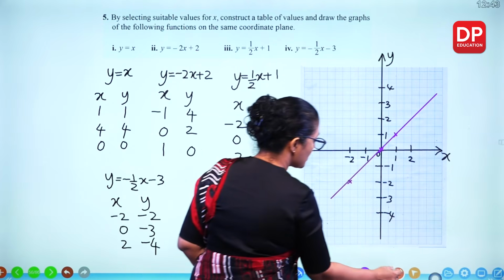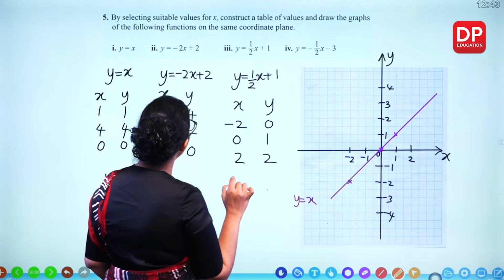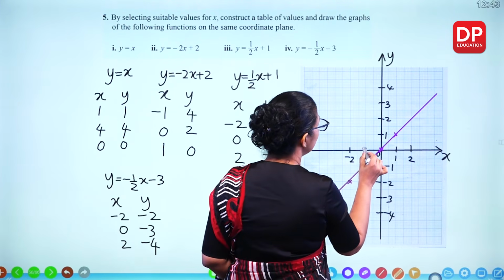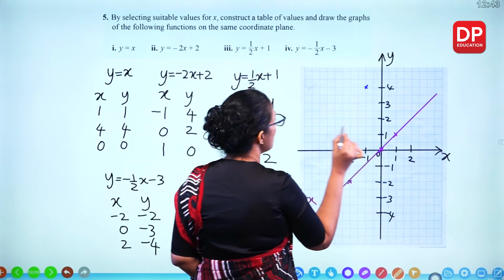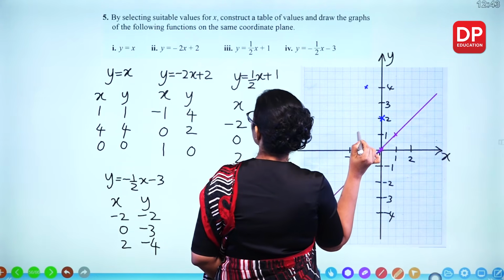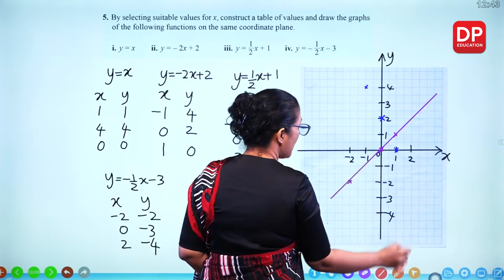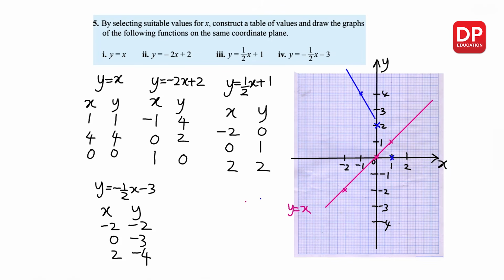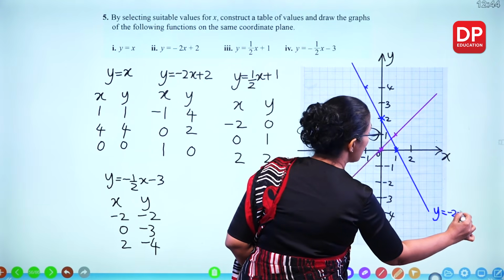Next one, y equals minus 2x plus 2. Minus 1, 4. 0, 2. 1, 0. Now connect the line.